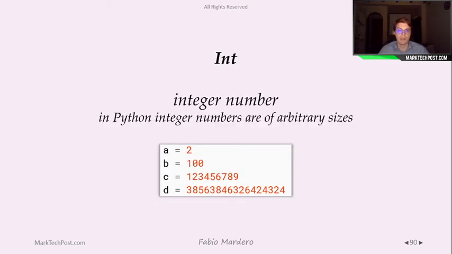The second data type is the integer, the int number. In Python, integers can have arbitrary size. You don't have to take care about how many digits you enter in the integer number.